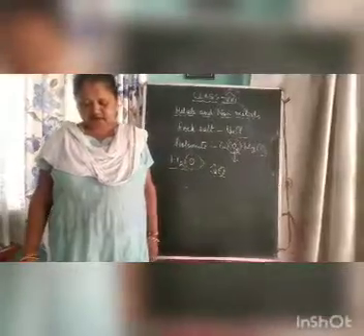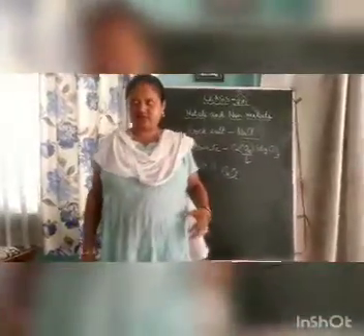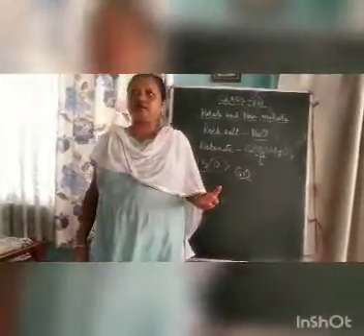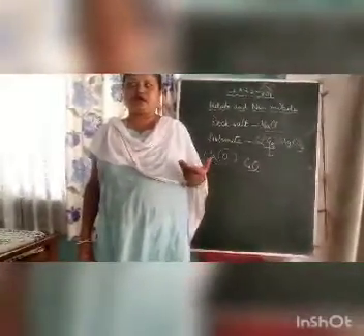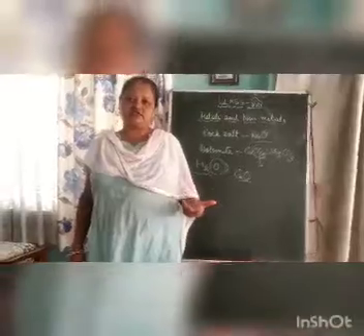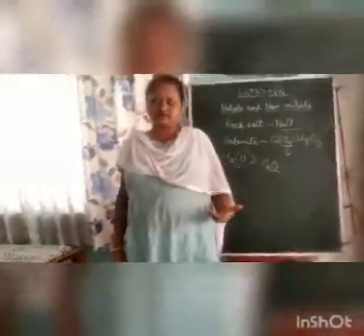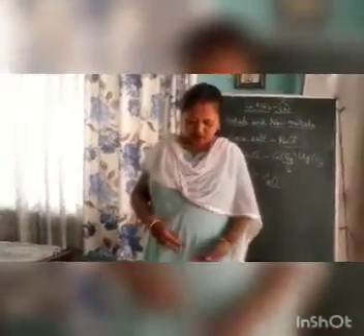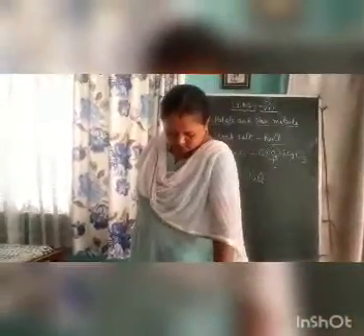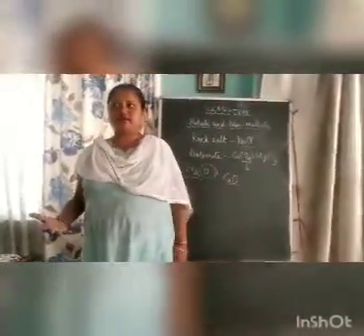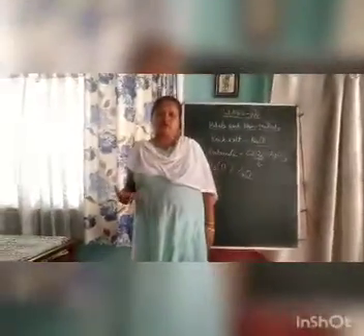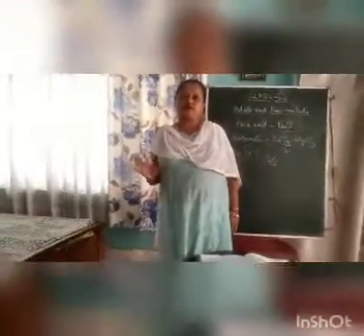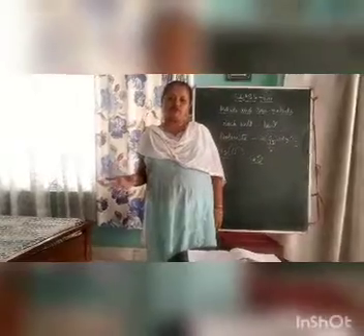Next is carbon. In the free state, carbon occurs as graphite, diamond, and coal, and these are the different allotropic forms of carbon. What is an allotropic form?